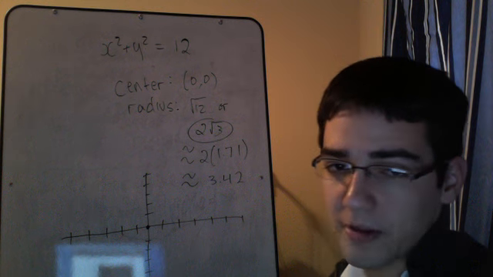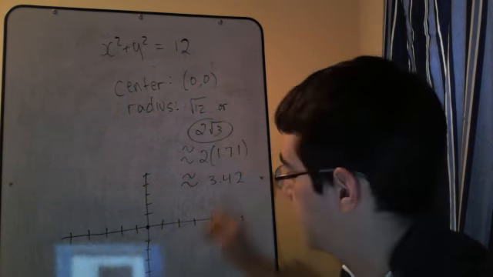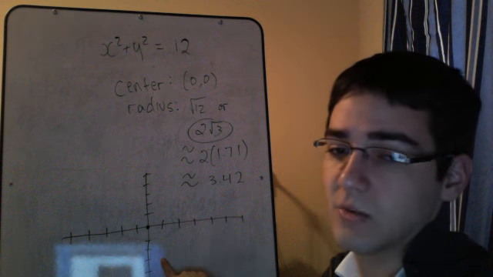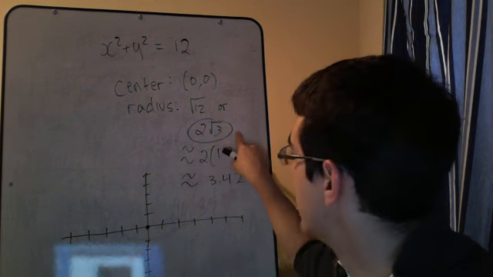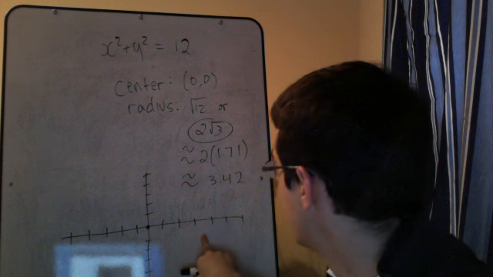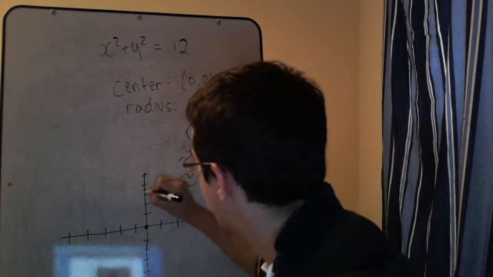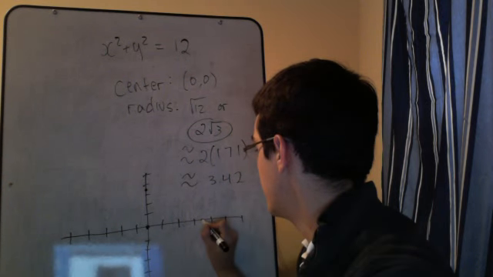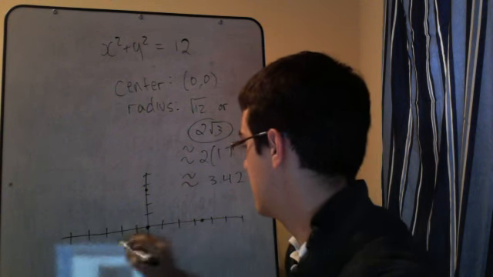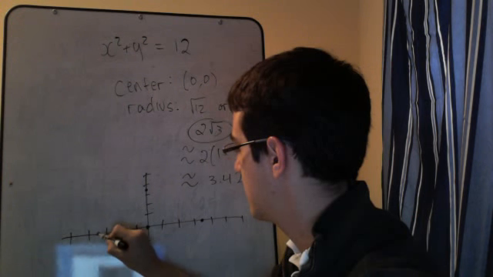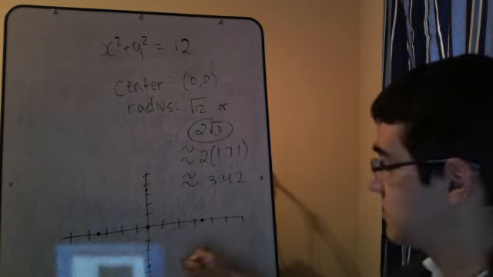As long as you show the work that the radius is this, your teacher's not going to measure out exactly what the radius is supposed to be, just as long as you show it mathematically. So about 3.4, so we'll grab about 3.5 each way, so about right here, and right here, right there.